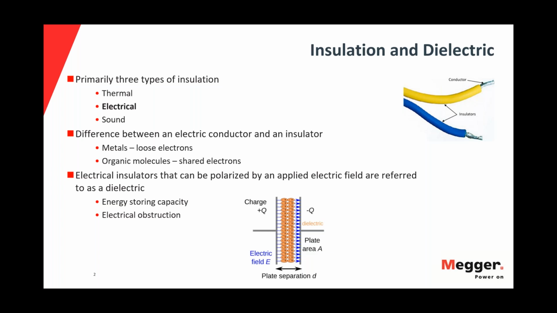So that plays a role in partial discharge testing, because in a partial discharge to occur, a loose electron is required, called a starter electron. So in metal, it's very easy to have a loose electron, but in organic molecules, since electrons are shared, they need high energy for first electron to be started.